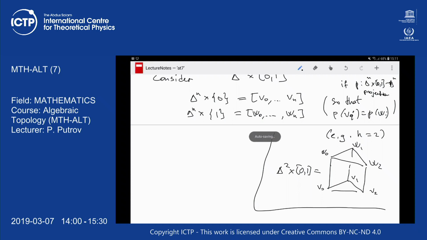So let me notice that delta n times interval, the whole thing, can be represented as a union of n plus 1 simplices with the following vertices.